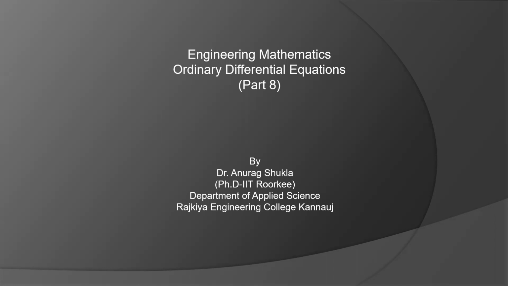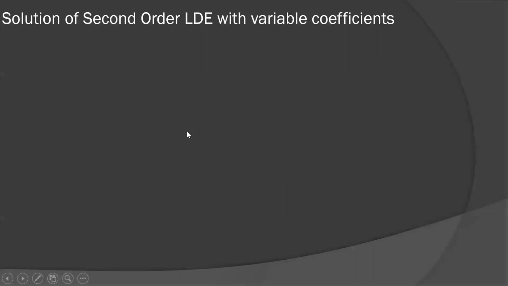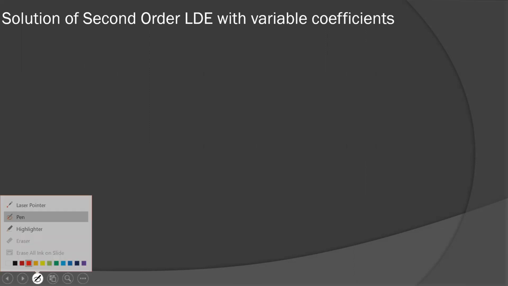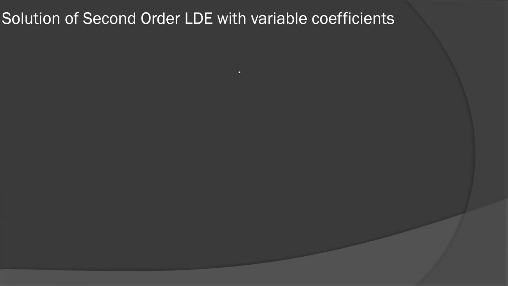In that method, we have one part of CF that is known, and I told you if one part of CF is known, then we discussed two cases related to it.